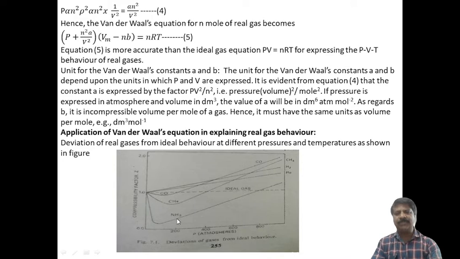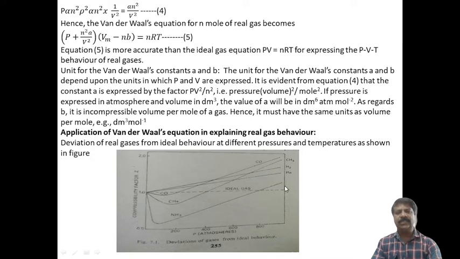But as the pressure increases, at very low temperature and very low pressure, negative deviation takes place for some of the gases like ammonia, methane, carbon monoxide, whereas hydrogen and helium always give a positive deviation at all temperatures and pressures.